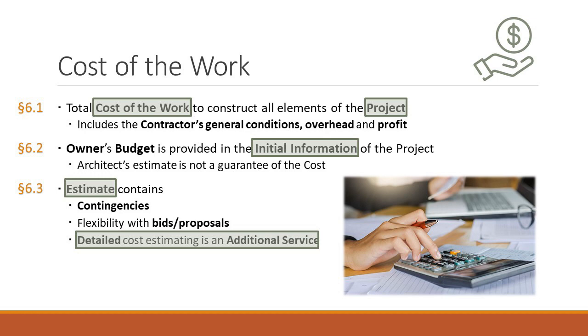And the reason why is because this provision says the architect cannot and does not warrant or represent that the bids will not vary from the budget. So the architect is doing its best job possible to design in accordance with the budget and provide estimates for the cost of the work. But until it goes out for bid, you just won't know.